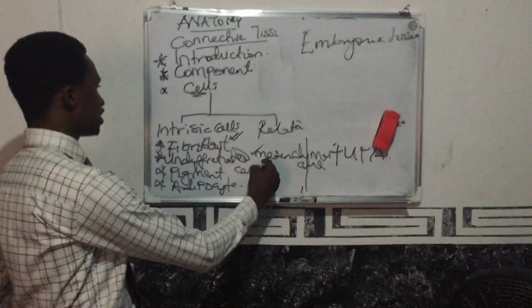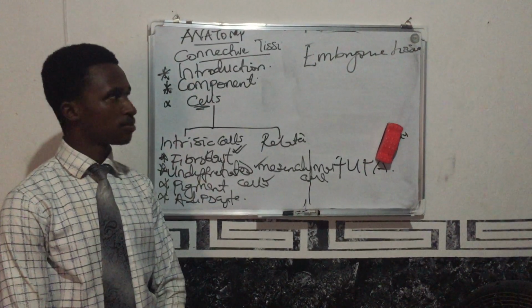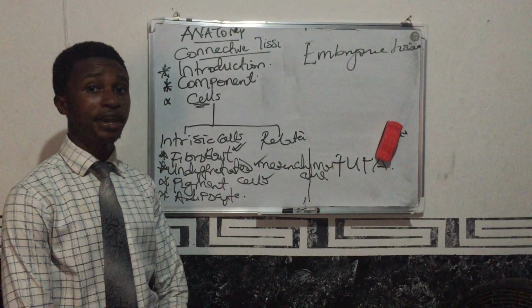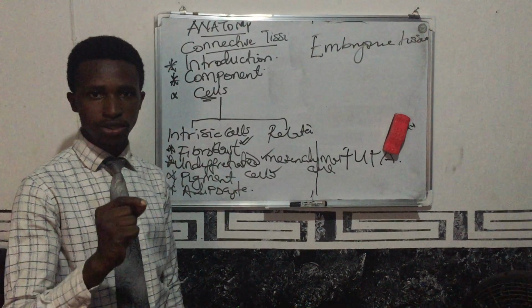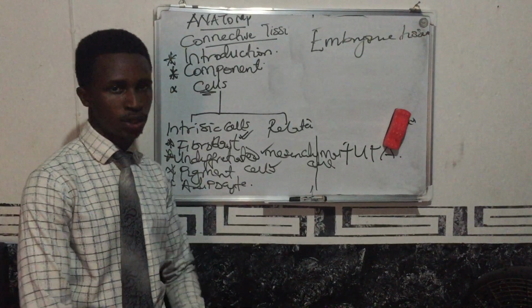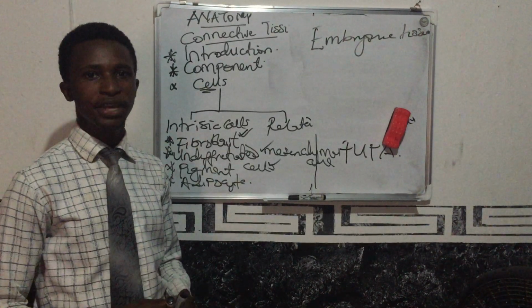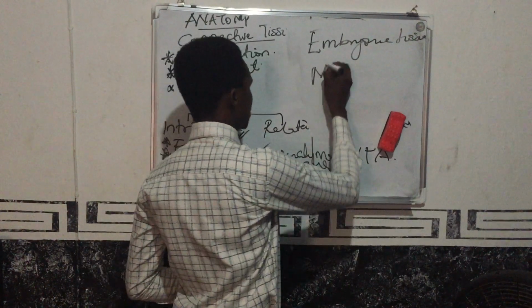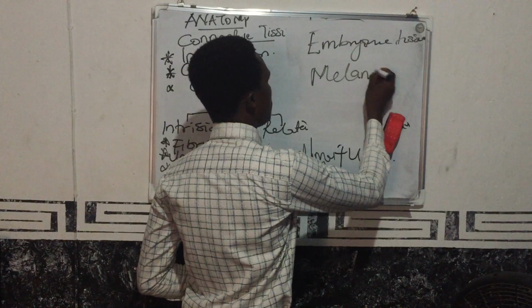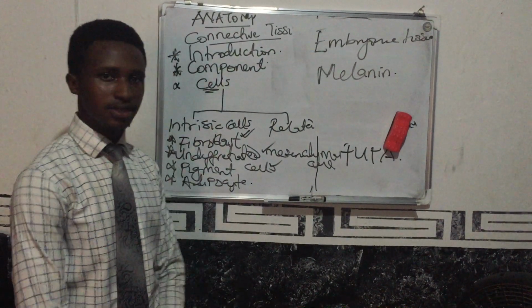The next intrinsic cells of connective tissue are the pigment cells. Pigment cells are very important because they prevent light from moving from one region of the body to another. Pigment cells always have a pigment called melanin. Melanin is also referred to as a brown pigment.